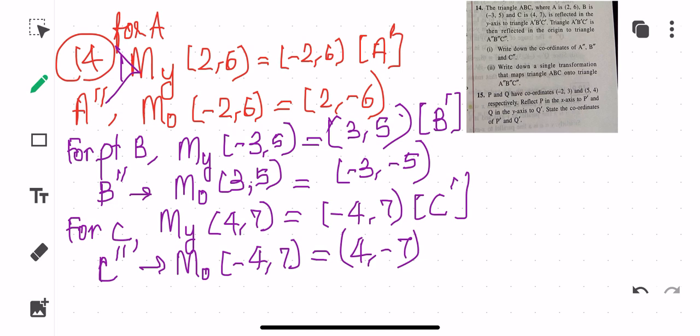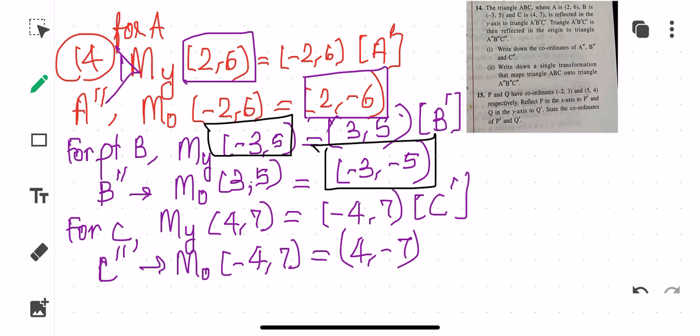Here you can easily see what they are trying to ask. They are trying to basically ask how can you directly convert 2, 6 to 2, minus 6, how can you directly convert minus 3 comma 5 to minus 3 comma minus 5, or 4 comma 7 to 4 comma minus 7.